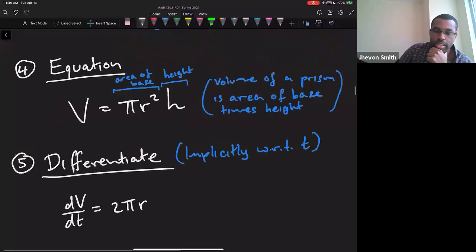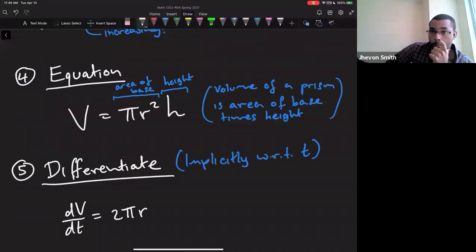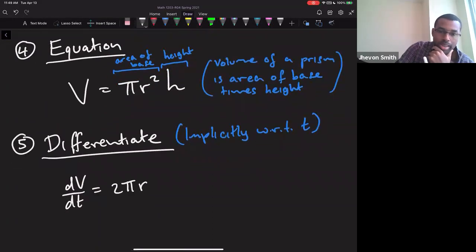Are they constants or are they changing? They're changing. According to what? They're changing over time, right? So we're told how they're changing over time, which means we're thinking of these as functions of time. These are functions of t, right? That's what I mean by implicit differentiation.